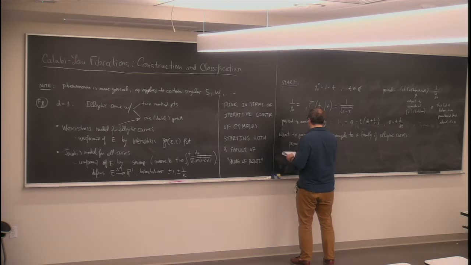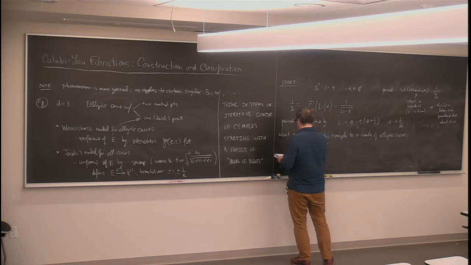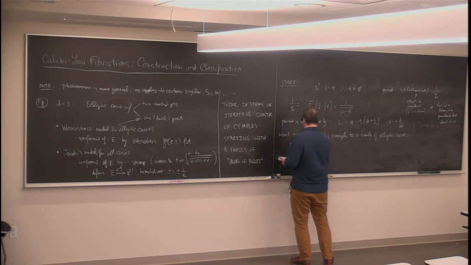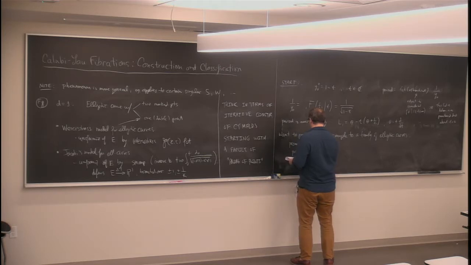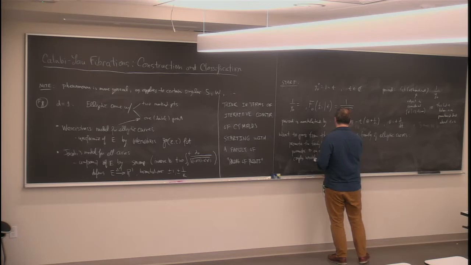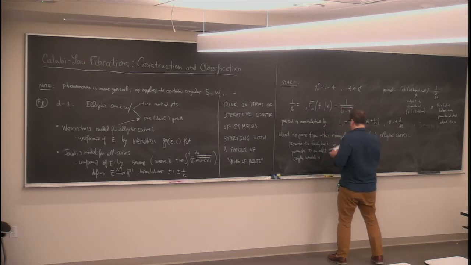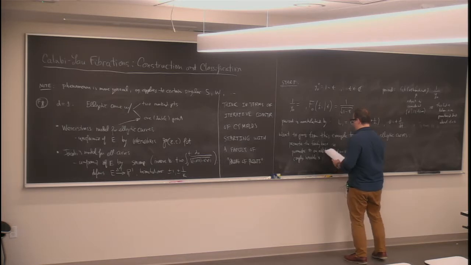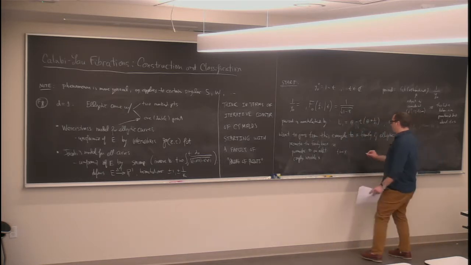So promote the family base parameter to an additional complex sort of spatial variable, fiber variable, x. In other words, I want t to become x, okay, in the original family, okay?